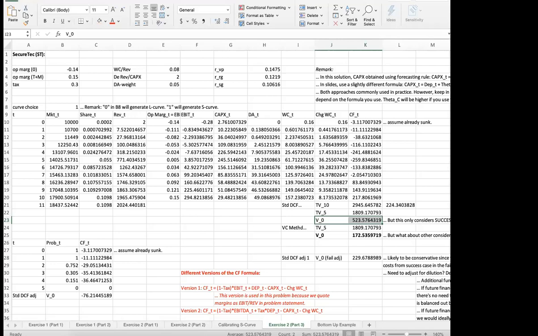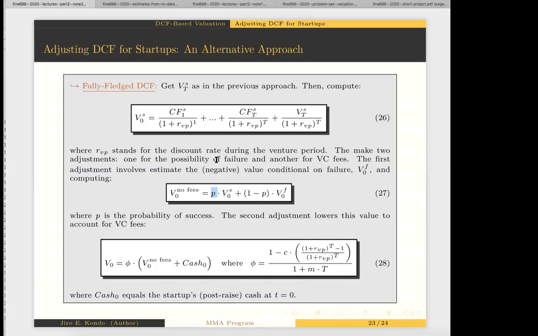But today we don't know that it's going to become a success. So we need to account for the possibility that it can either be a success or it can be a failure. So in addition to estimating a value today if the company eventually becomes successful using equation 26 here, we also want to balance it out with a value of the company if it ends up failing.